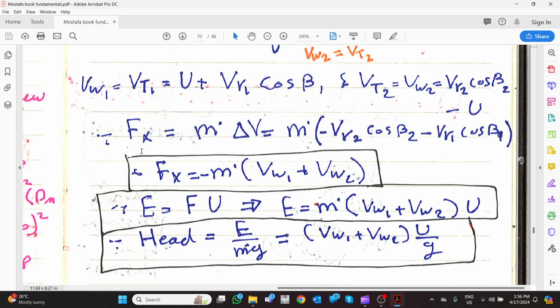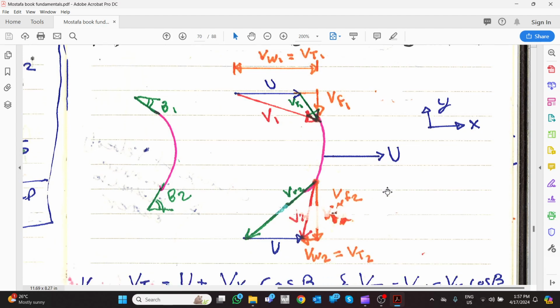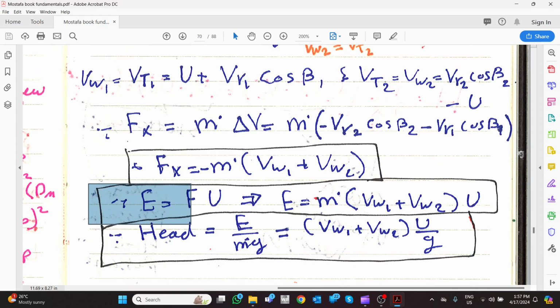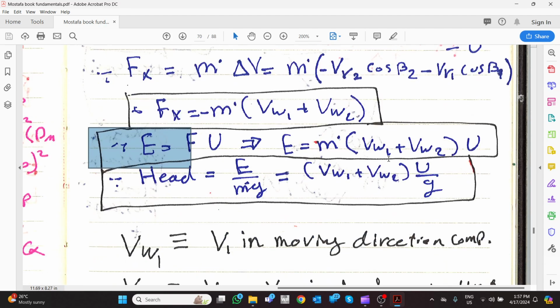Second equation, we know that this is the energy which is going to be distributed as a kilowatt, as a power. It is force by distance divided by time, or force by u, the velocity of the plate. So the power which is generated here to the plate is m dot multiplied by whirling velocity 1 plus whirling velocity 2, multiplied by u.